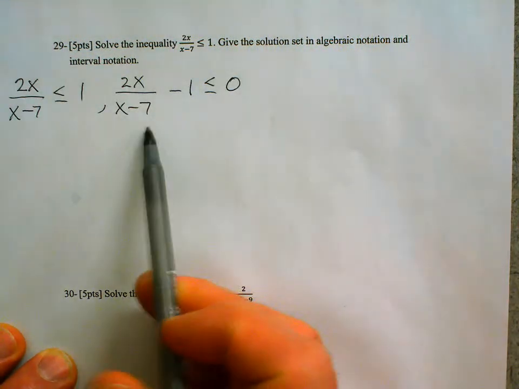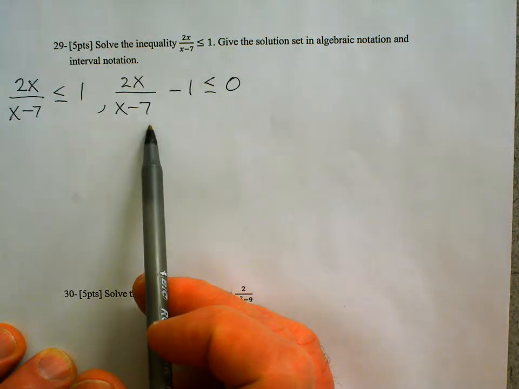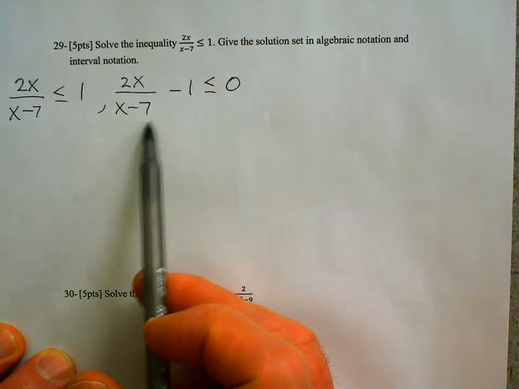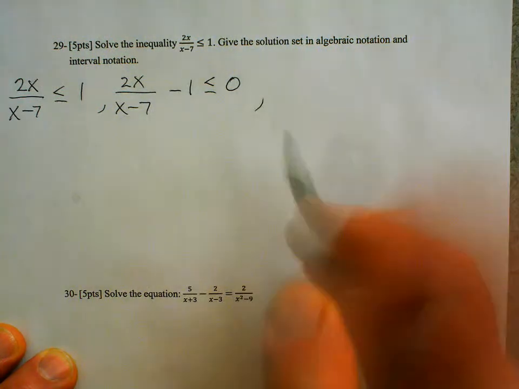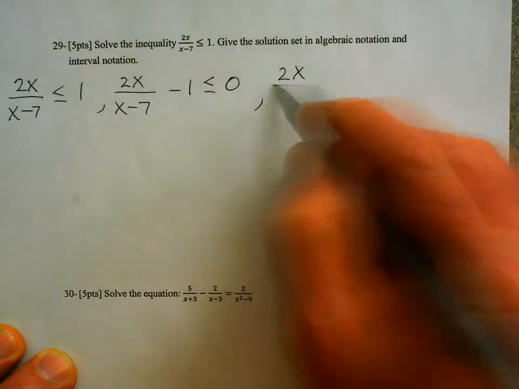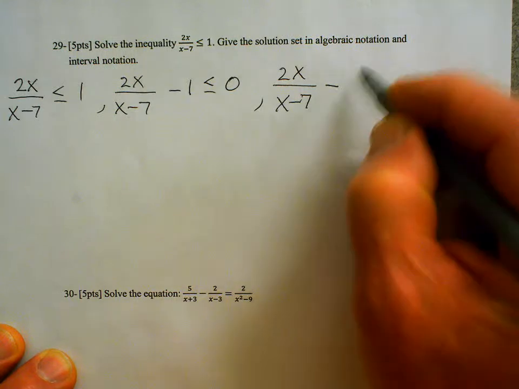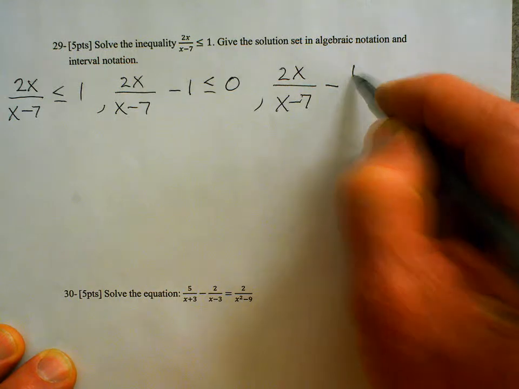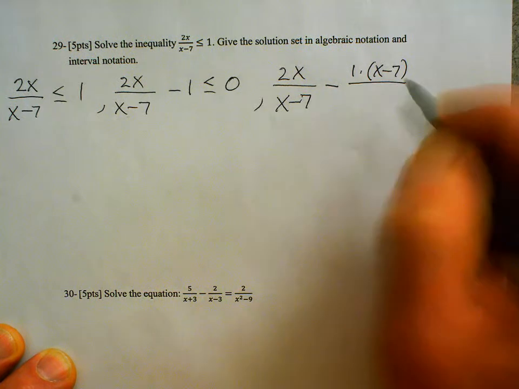After subtracting 1 from both sides, we want to write the left-hand side as a single rational expression with a common denominator. So we in effect multiply minus 1 by 1 in the form x minus 7 over x minus 7.